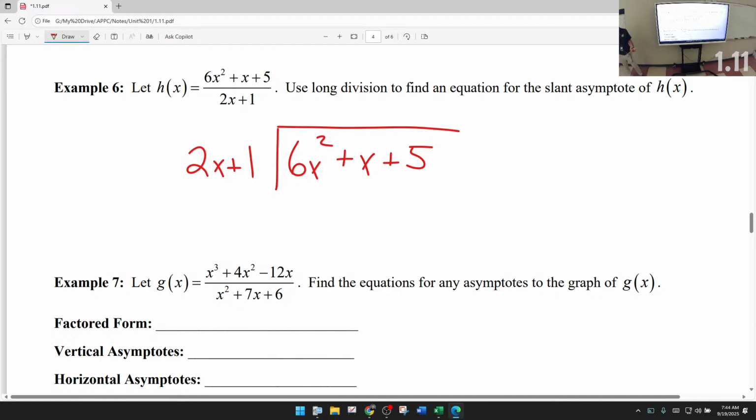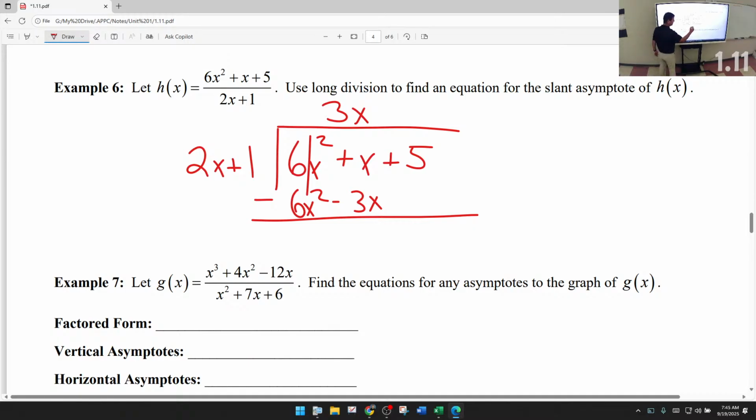So it's parallel to 3x. 6 over 2 is 3. We did that already in whichever lesson that was, 1.7 or 1.8. Now I have to multiply it. This gives me that 6x squared, and this gives me a 3x. And I have to subtract it. Don't forget to subtract. Again, those should go away. If they don't go away, you've divided incorrectly. And then I have x minus 3x, which is negative 2x.